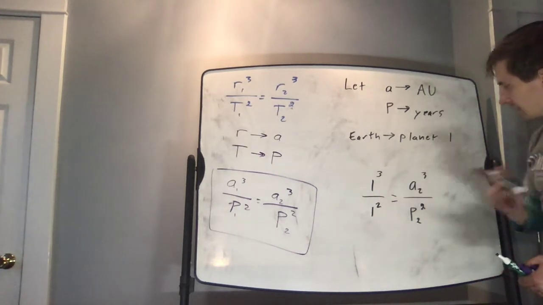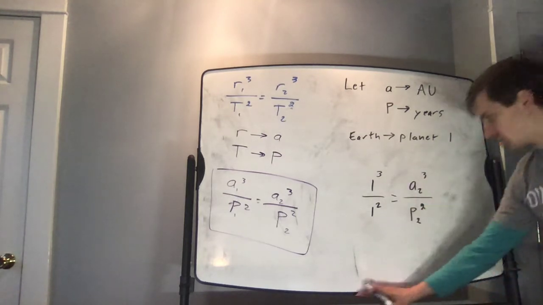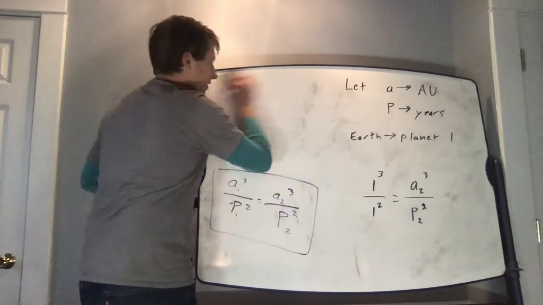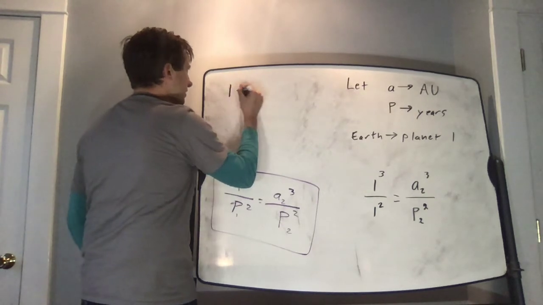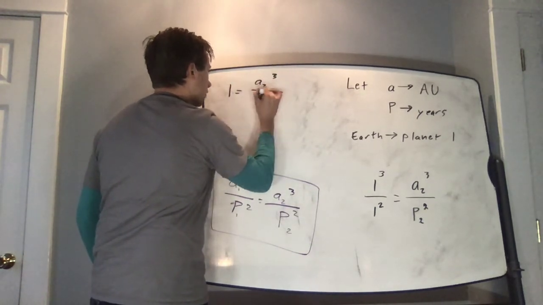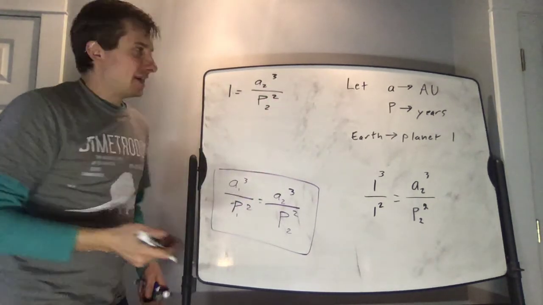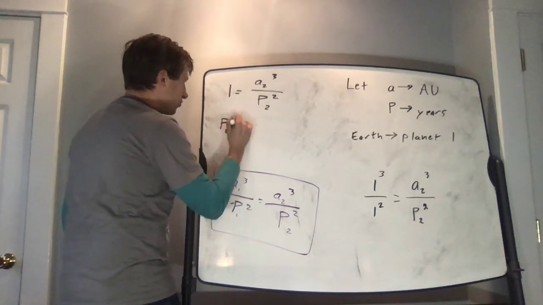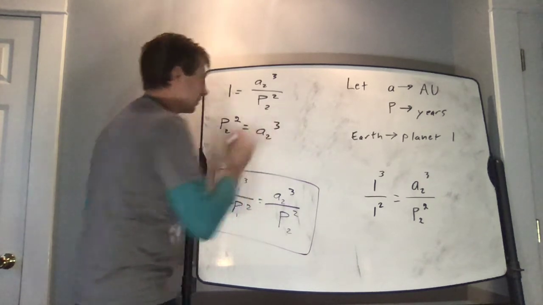We are comparing this other planet to Earth. Well, 1 cubed over 1 squared, that just gives me the number 1. So I could then write this line as 1 is equal to A2 cubed over P2 squared. And I could rearrange it to say P2 squared equals A2 cubed.